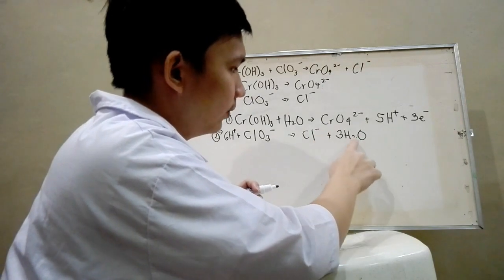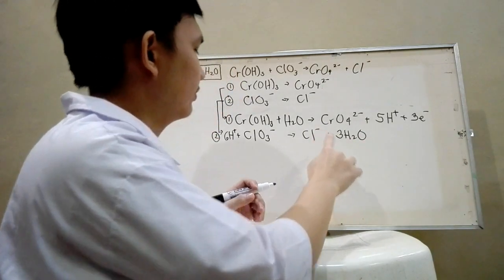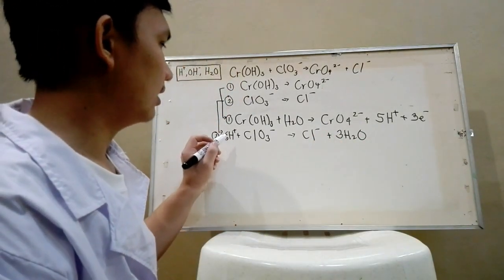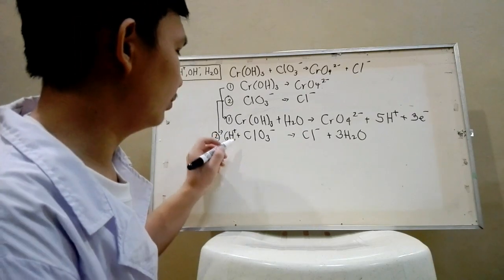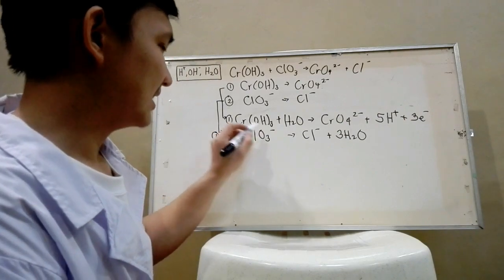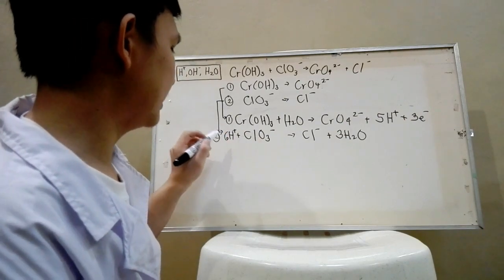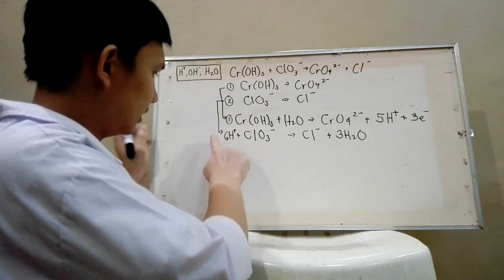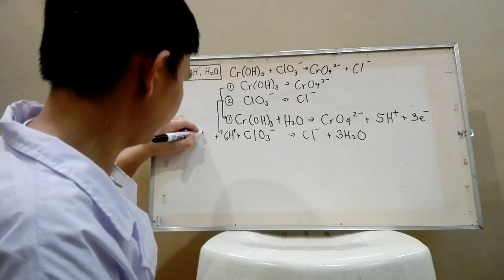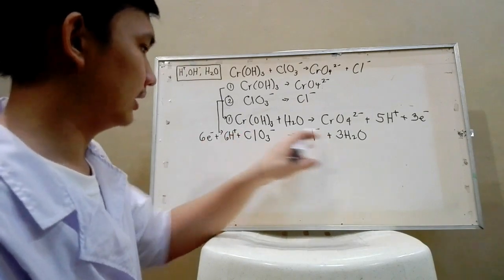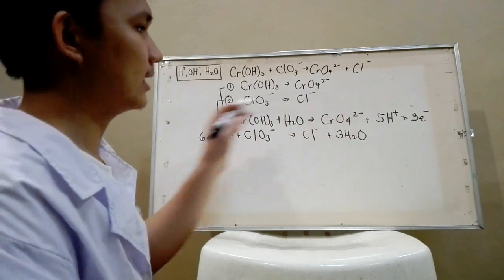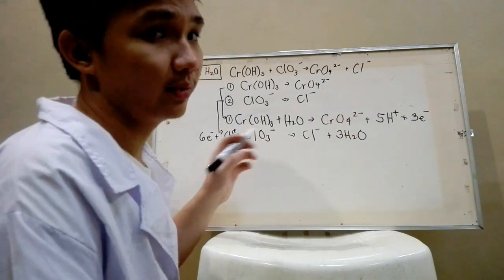In here, we have negative 1. So for it to be a negative 1, we have to add 6 electrons on this side. So I'm going to delete this first. 6 electrons. So it is now balanced. The charges are now balanced, and all of the elements are now balanced.